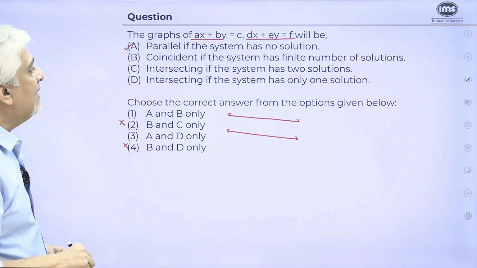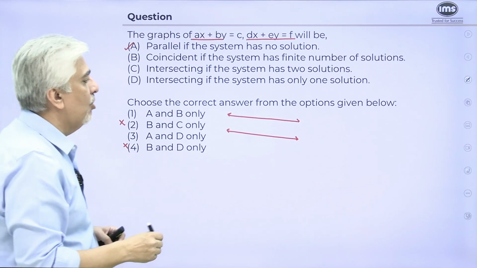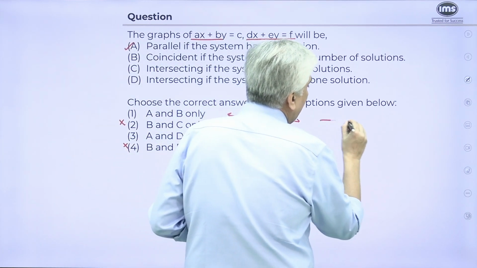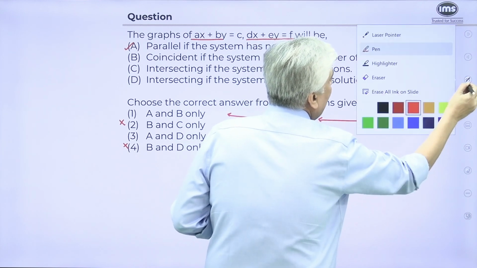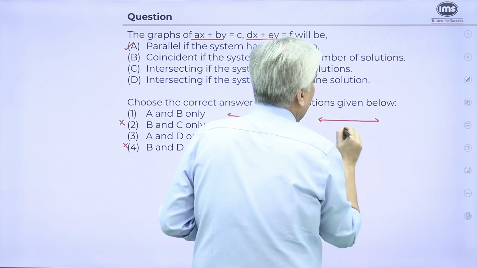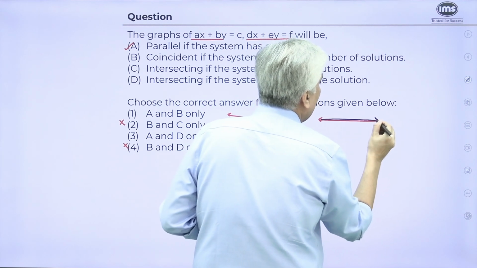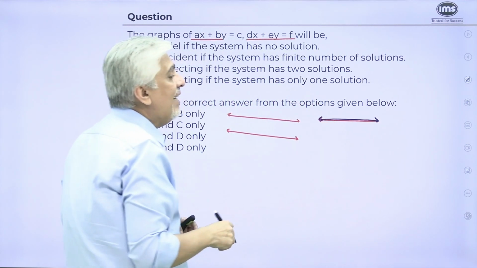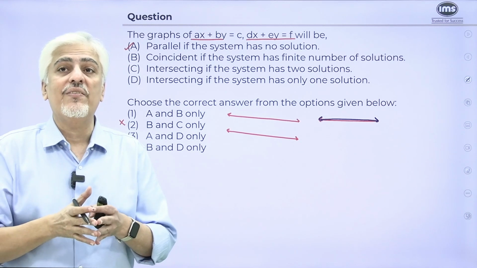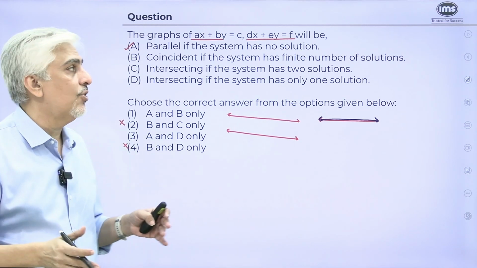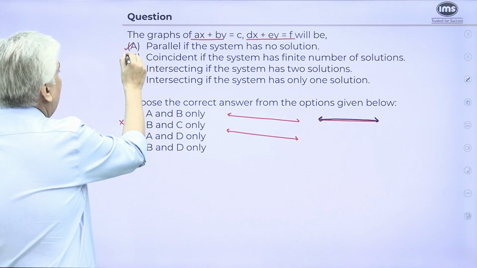Coincident if it has a finite number of solutions. What is coincident? The first line and the second line are exactly on top of one another. Then it will have infinite solutions, not one solution. It will not have a finite solution. So B is incorrect.